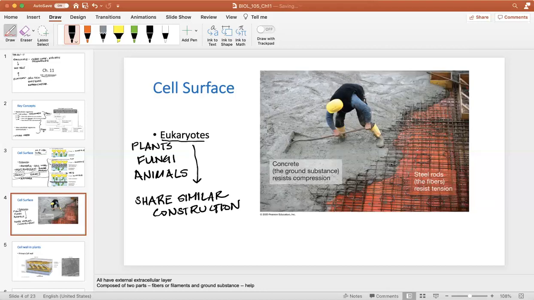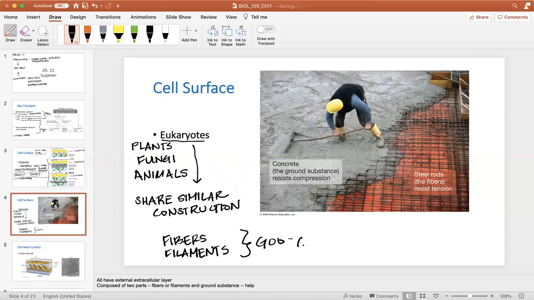Basically, the outermost secretions of eukaryotic cells typically are composed of fibers. Sometimes you'll see people say that it's composed of filaments. They mean the same thing. And these fibers or filaments are embedded in some kind of a goo, okay?